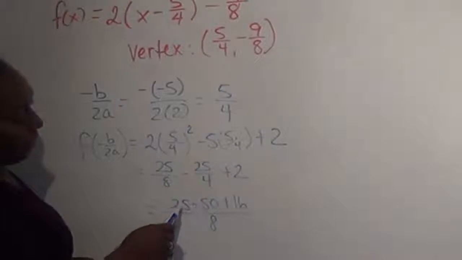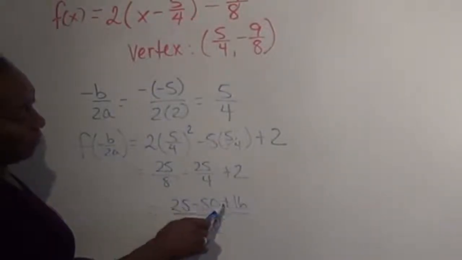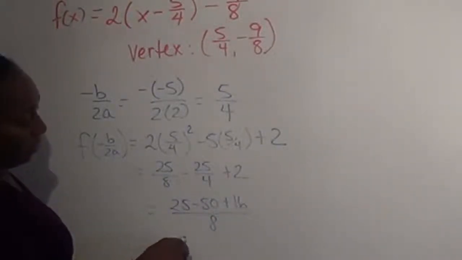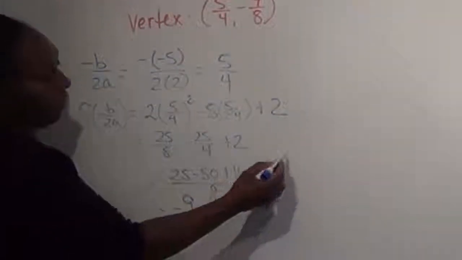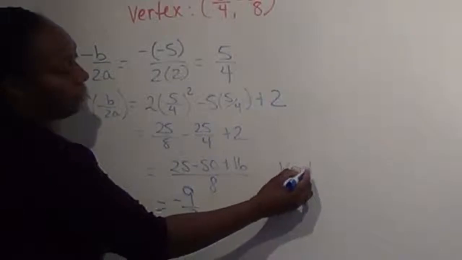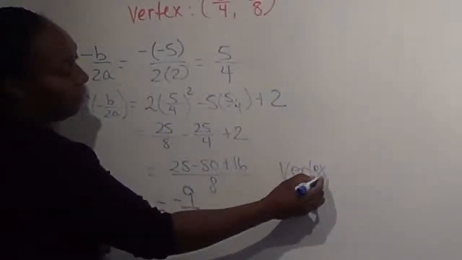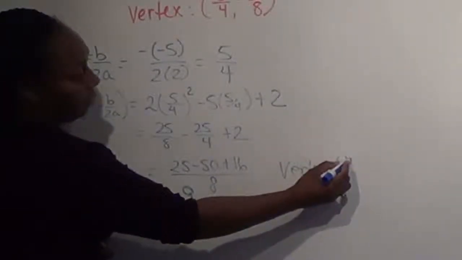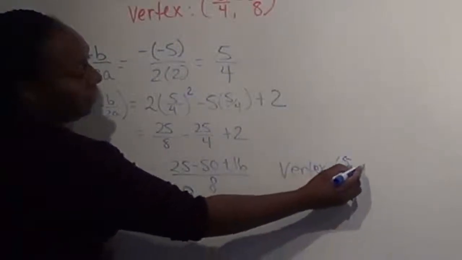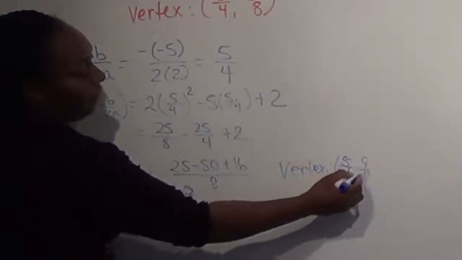This looks like 41 minus 50, which looks like a negative 9 over 8. Okay. So here again we see that our vertex is 5 over 4, negative 9 over 8.